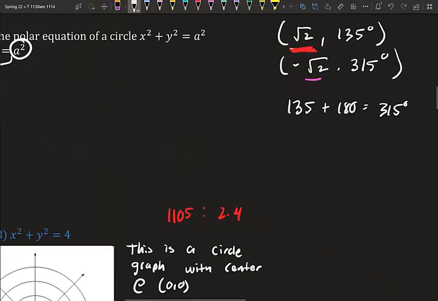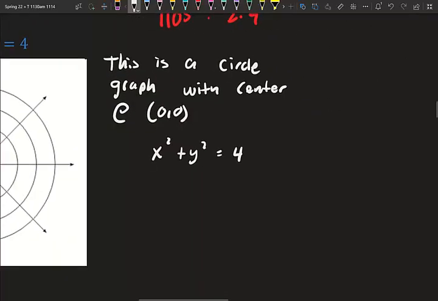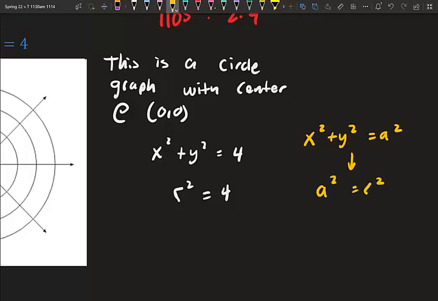So technically, we have r squared equals 4. The reason we can do that is because x squared plus y squared equals a squared, and then a squared equals r squared. So that's why we're allowed to switch that to r squared. We simplify, and we get the radius is 2. Remember, the radius is always positive.